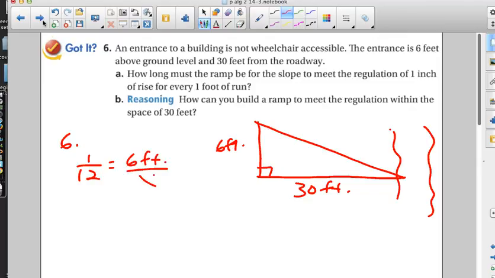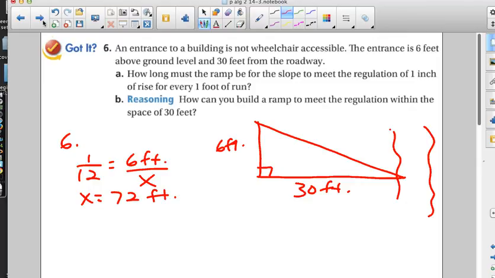We want to know how long would that ramp have to be to make this work? And again, our 1/12 doesn't have any labels on it. So it's perfectly okay to use that along with the 6 feet over something. So we'll have x equals 72 feet.